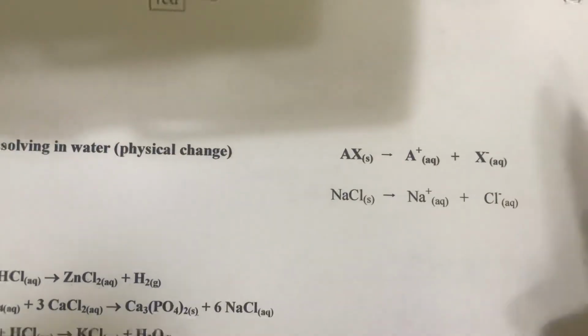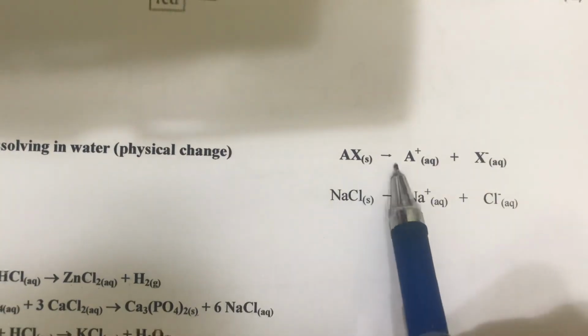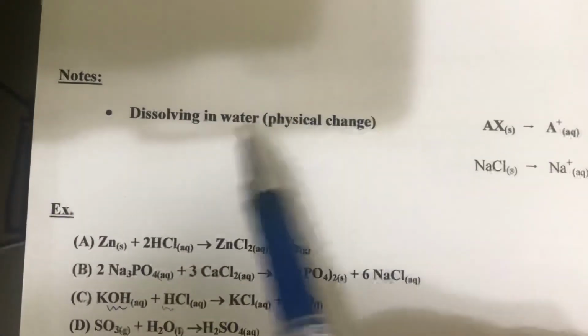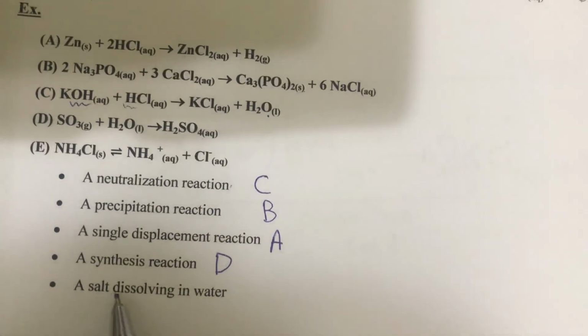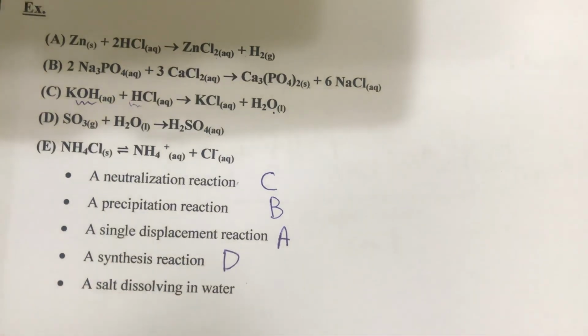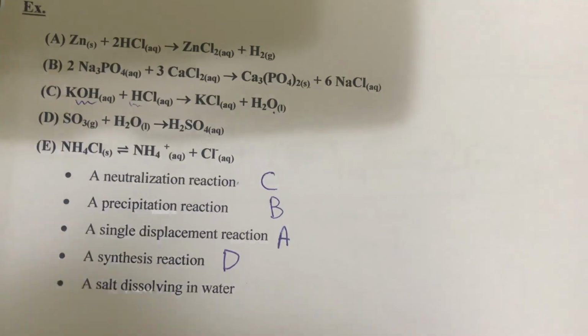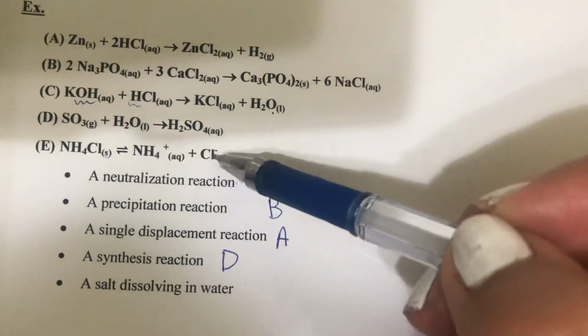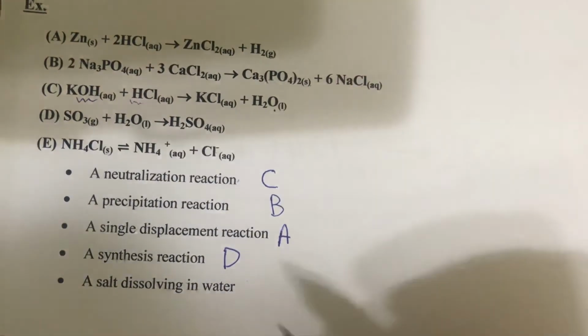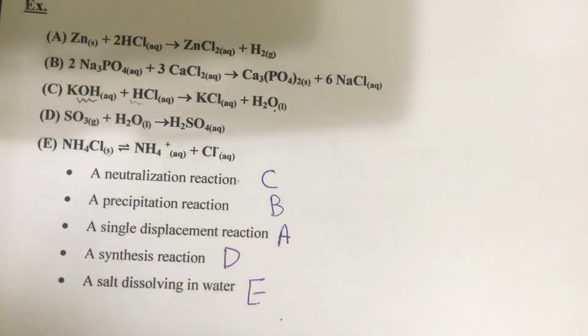So you have to remember, if you have a solid that dissociates to ions, it means dissolving in water. So which of these salts is dissolving in water? You have to find the one where the reactant is solid and the products are ions. So here the reactant is solid and the products are ions. So here A. Thank you.